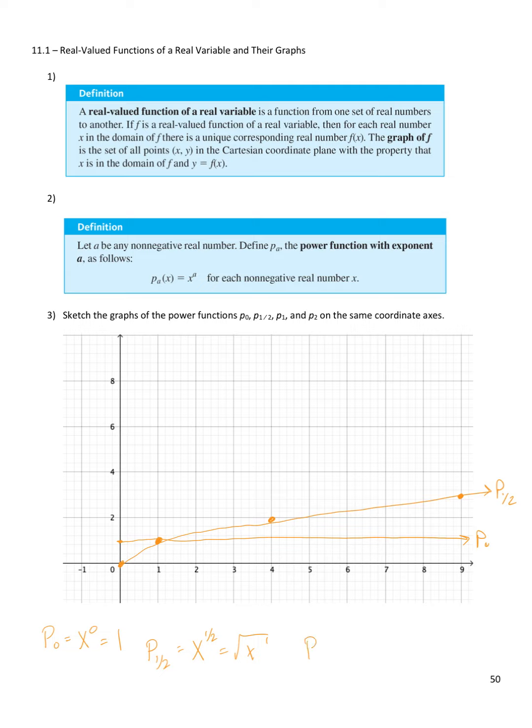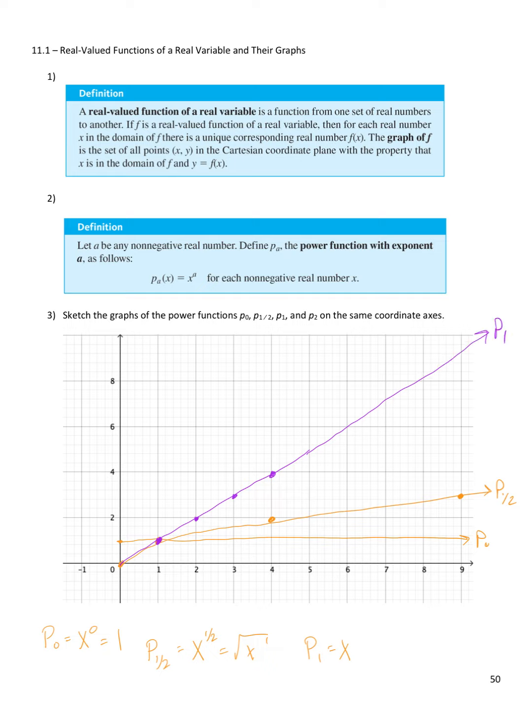And then p sub 1, that's just x to the first, which is x. And so y equals x would go, maybe I'll switch colors so we don't get confused. 1, 1, 2, 2, 3, 3, 4, 4, etc. So there's P1, like that.